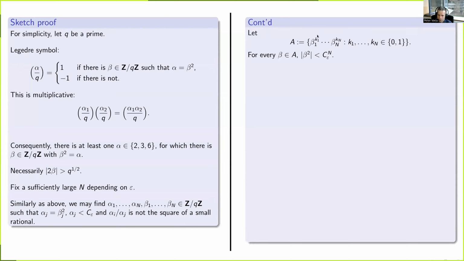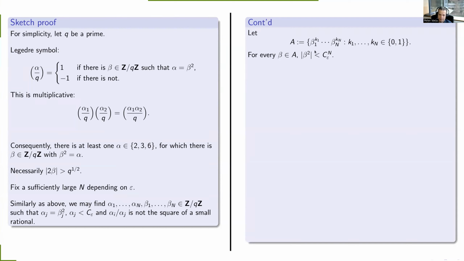Now, what I hope for is that if I take my capital N to be suitably large, then there will be a good choice of beta for which 2 times beta is very large. If I manage to do that, then I am in business, because for all these choices of beta, beta squared is not going to be very big.